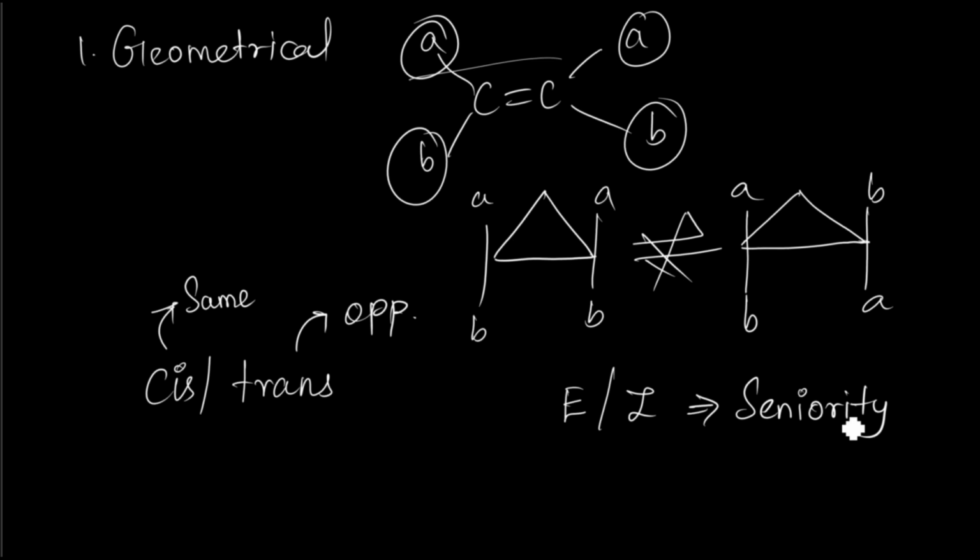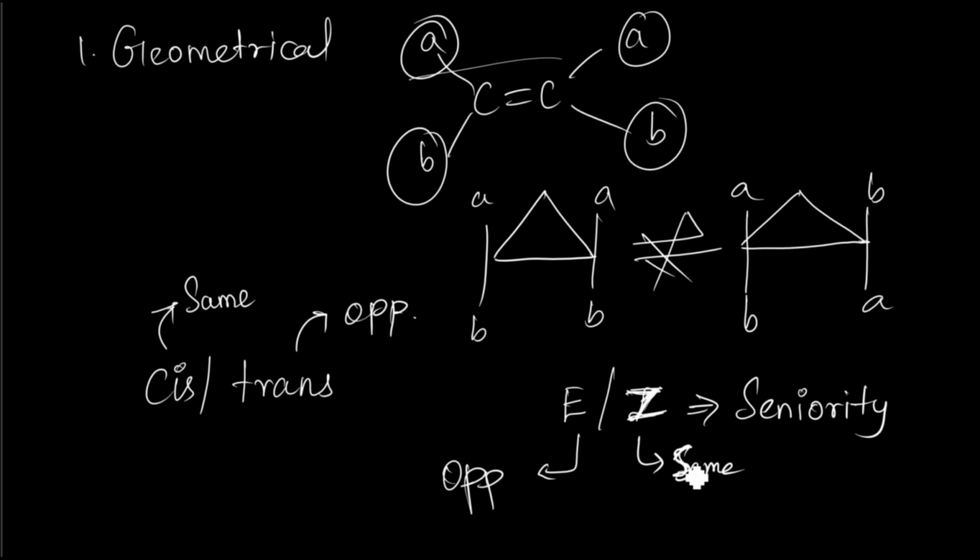Z is for same and E is for opposite. If the same priority groups are on opposite sides, then it is E. If they are on the same side, then it is Z. You can remember it like Z has a very similar way of writing as S. Z is same.